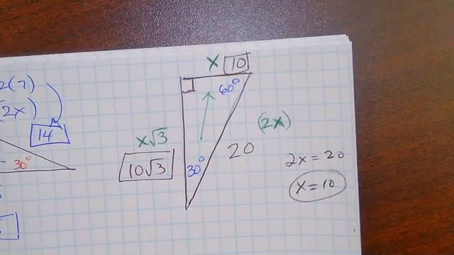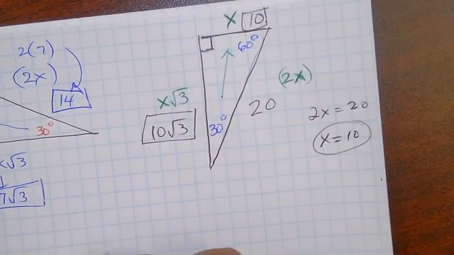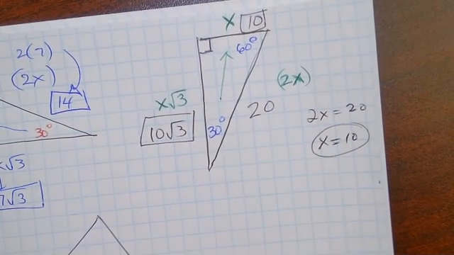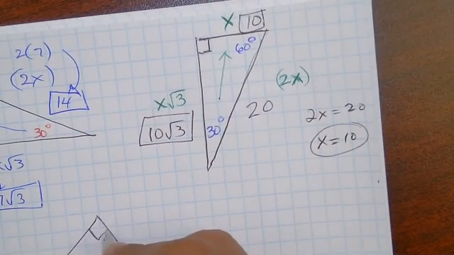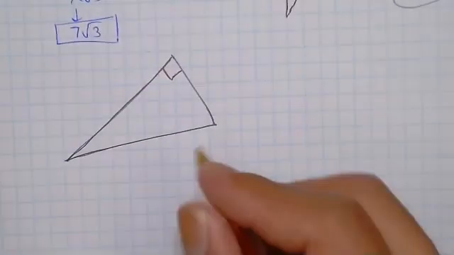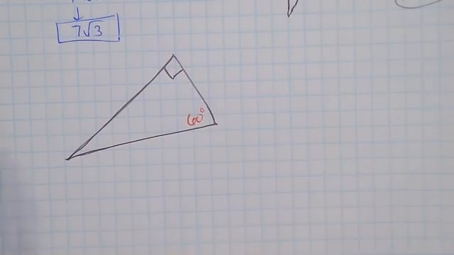Fácil. We're good? You guys see how this is working? You just got to know the side relationships, and then they're going to give you one of them. If they give you the x, fine. If not, well, you find it. Last one. Let's go this way with it. Let me turn it like this, because you know they're going to just rotate it or something.